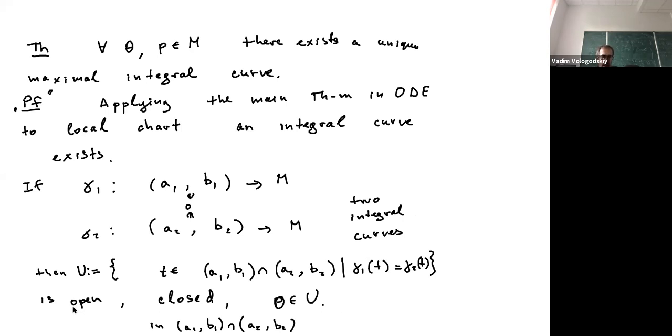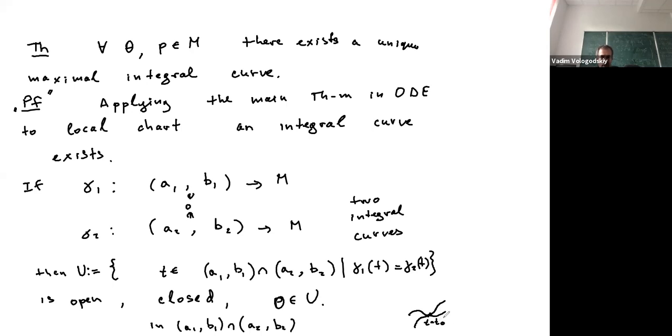The non-trivial statement is that it's open, right? So what does it mean? It means that if you have two integral curves, and there is some point t equal to t0 where the curves meet, then in fact they coincide at least in some neighborhood of this point.